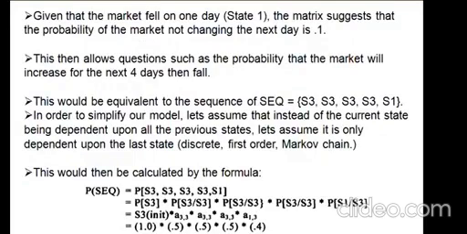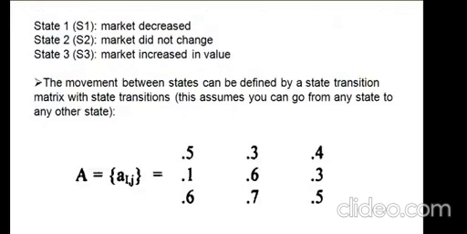Given that the market fell on one day, the matrix suggests that the probability of the market not changing the next day is what? 0.1. Just observe this matrix here.